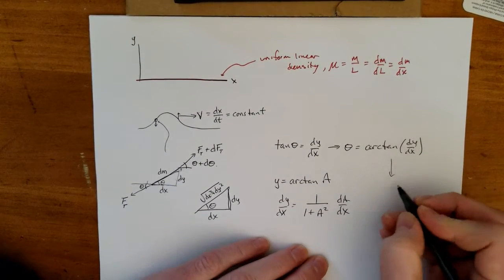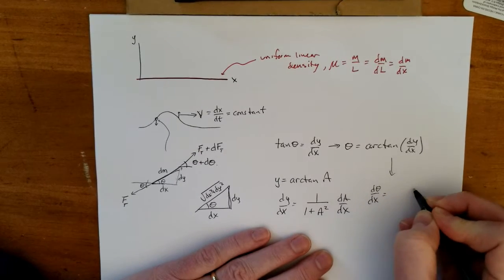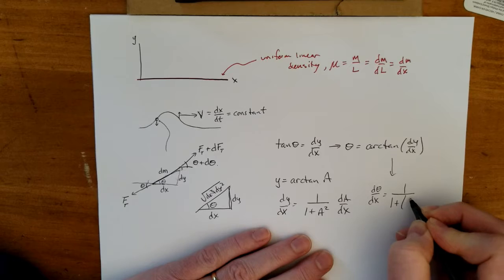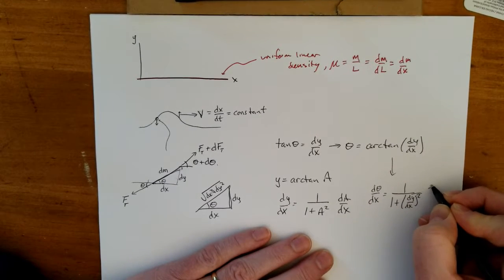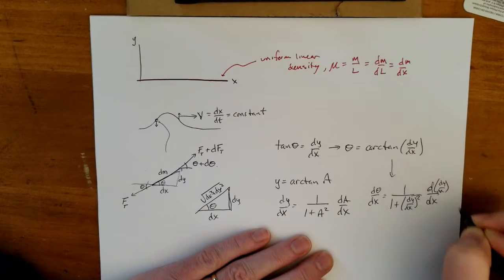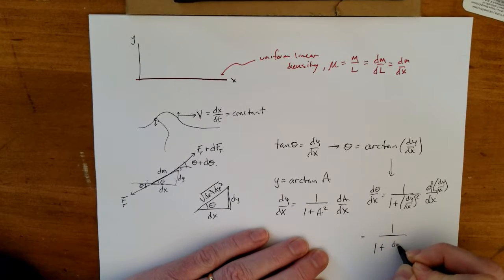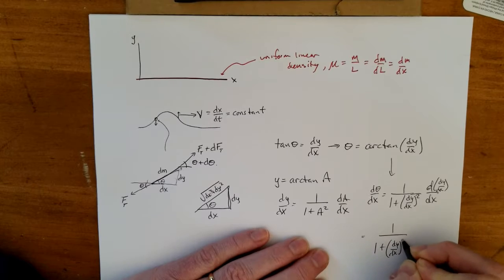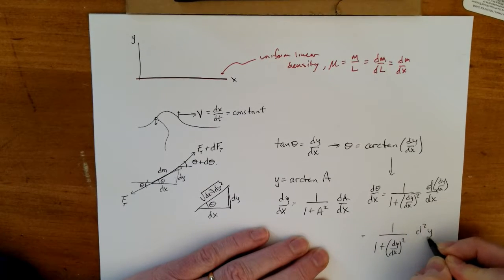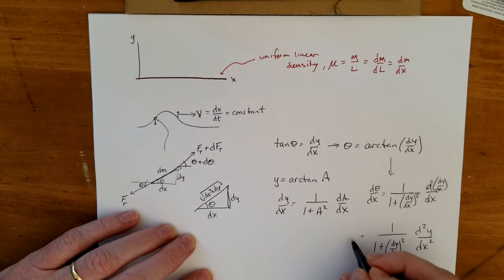So from here, we now know that d theta/dx is equal to 1 over 1 plus (dy/dx) squared times d/dx of dy/dx. And so this becomes 1 over 1 plus (dy/dx) squared times d squared y/dx squared. That is something that we will need in a bit.